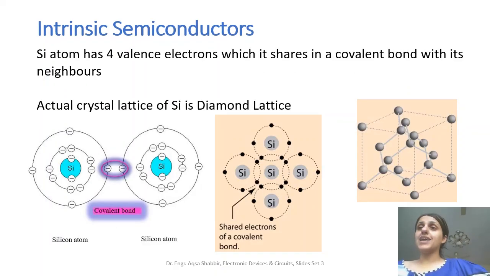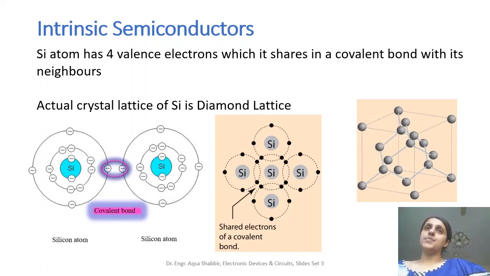Here we look at the atomic structure of semiconductors in more detail. We take silicon as an example because, as I've already told you, silicon is one of the most widely used semiconductor materials. We also know from previous study that atoms have this desire to have 8 electrons in their valence shell in order to acquire a certain atomic stability.